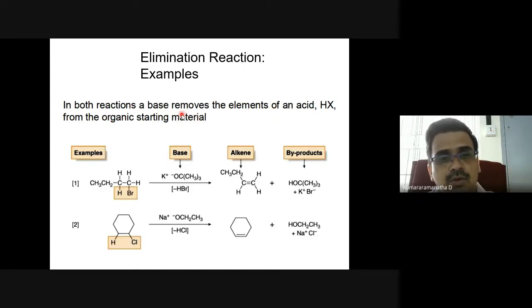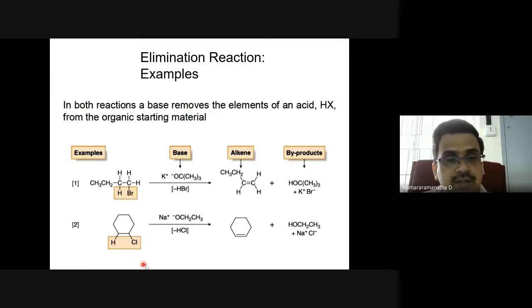Basically, you can have a reaction which removes acid, dehydrohalogenation, from the organic starting material. You can see here in this material you are removing hydrogen bromide. Hydrogen from one carbon, bromine from the other, you get the corresponding alkene, and you end up getting some byproducts because of the basic medium, along with the loss of HBr.